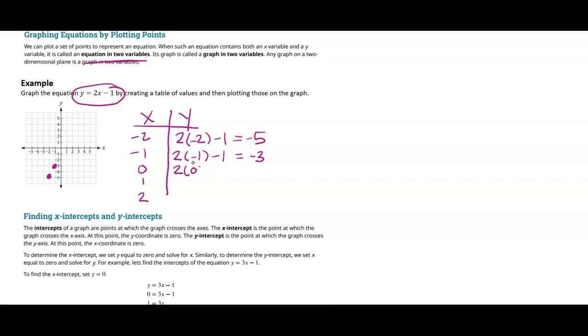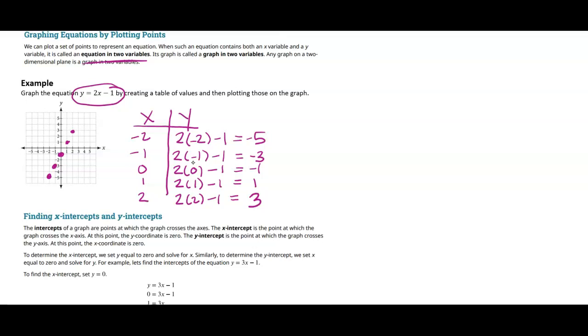When I plug in 0, I get 0 minus 1, -1. When I plug in 1, 2 minus 1 gives me 1, so (1, 1). And when I plug in 2, I get 4 minus 1, which is 3. And I plot that point there.